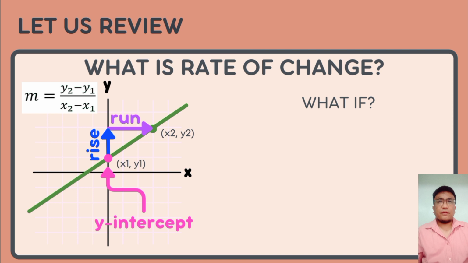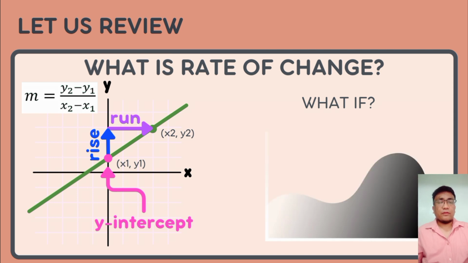But what if you have a curve? Can we get the slope or the rate of change of the curve? We cannot directly substitute that to the formula because the formula of y2 minus y1 over x2 minus x1 is only for straight lines.